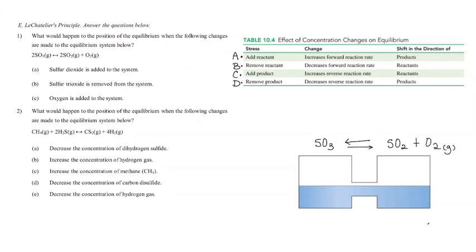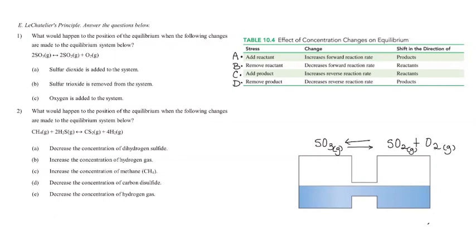For my students that need to take further chemistry classes, understand that the molecules in the system that are affected by stresses in equilibrium must be in aqueous form or gas form.